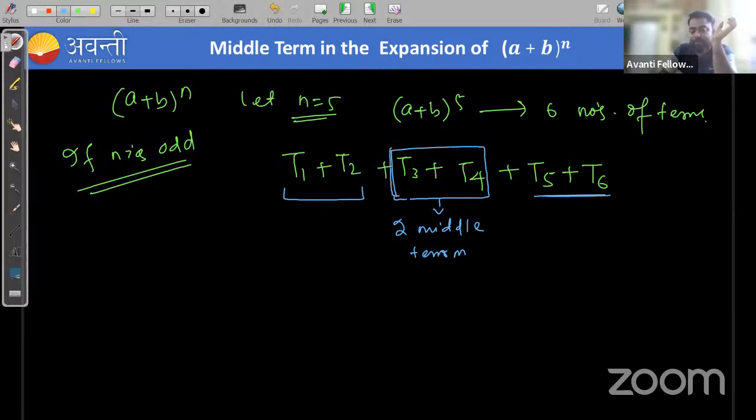That's why we say we have 2 middle terms when n is odd.